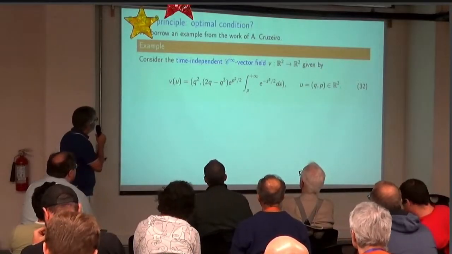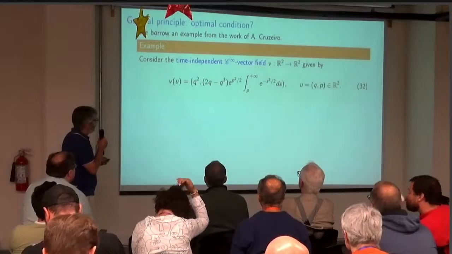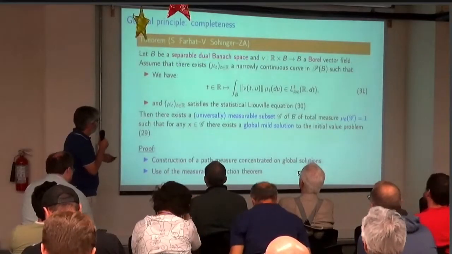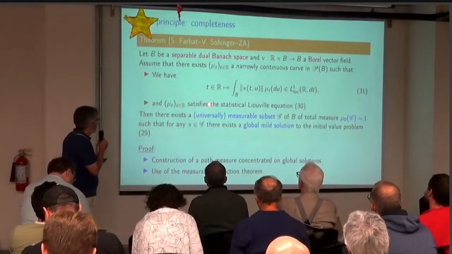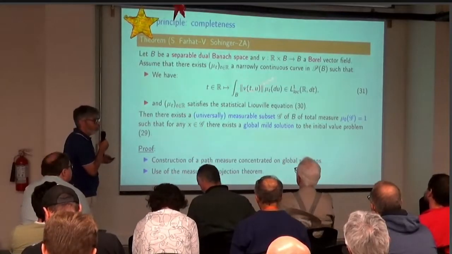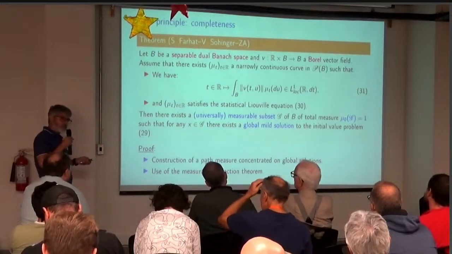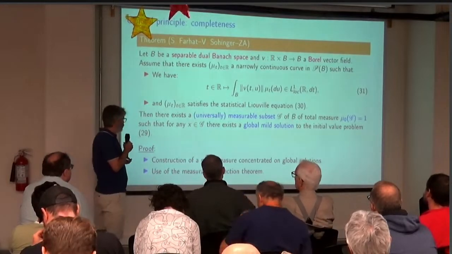So first of all, there is an example that shows that if this condition breaks down, so you can take a vector field satisfying the Liouville equation without satisfying this, then you can construct situations where you don't have global solutions.